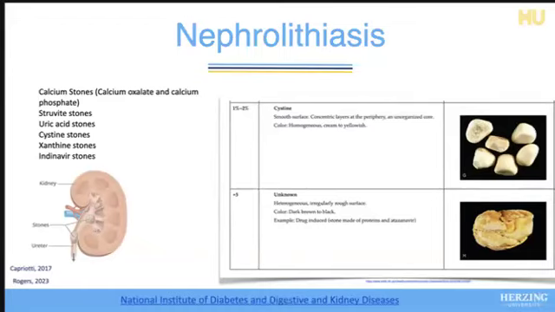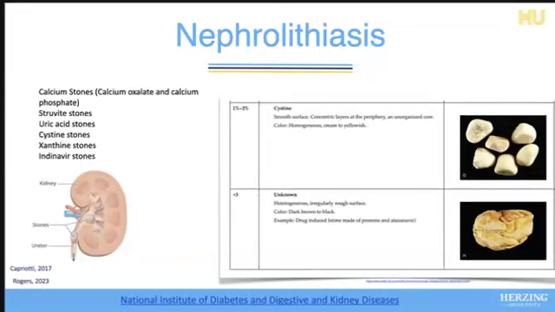And then, of course, deficiencies in natural inhibitors of crystallization like magnesium citrate and Tamm-Horsfall protein. Certain medical conditions like inflammatory bowel disease, obesity, and diabetes can also increase the risk of developing calcium oxalate stones.